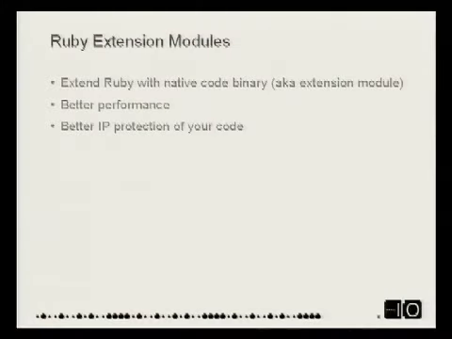This is a mechanism that's really part of Ruby, not really part of SketchUp, but it's a way that Ruby can have a binary native code extension module that lets it do things at native speeds. So physics simulations, complex rendering algorithms, all those kinds of things. You can write your own native code binary in whatever language you prefer.